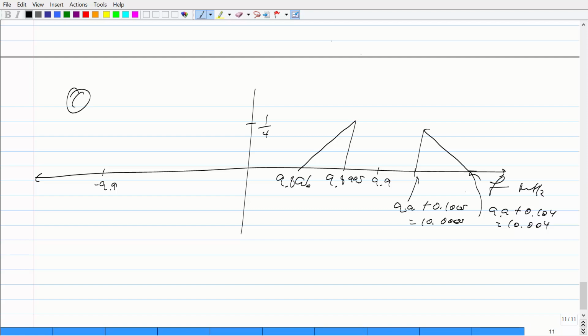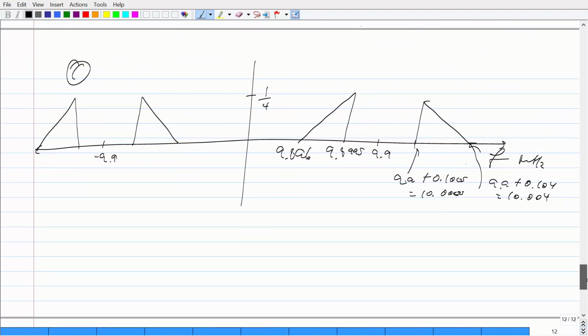There we go. And then you do the same thing on this other side. So you have one here and one here. I'll skip labeling the negative side, but you just have to apply the same thing. I just want to get through these as quickly as possible. So this is what we have.